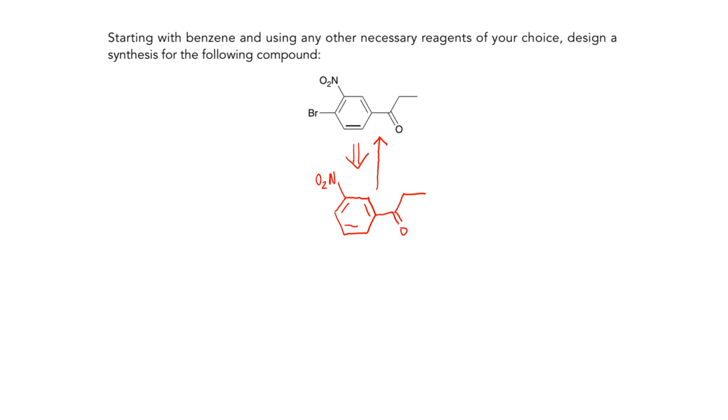Now the only way to know that is to know what directing effect each group has. This NO2 group is a strong deactivator, so it's meta-directing, which means it's going to go, should probably change the color. For the NO2 group, it's going to go at the meta positions.